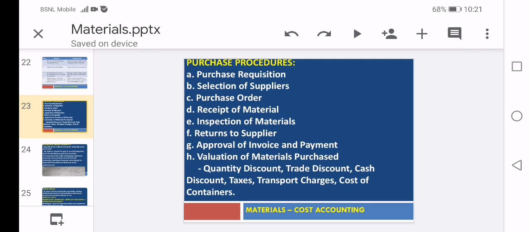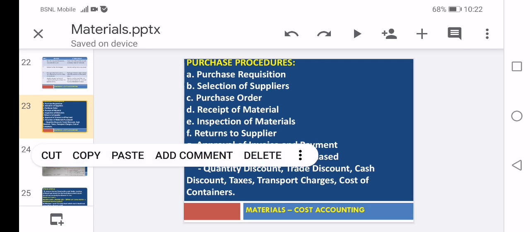When you have a proper procedure of purchase, then it is also possible to control the costs in terms of decreasing the ordering cost or decreasing the holding cost or minimizing the wastage and minimizing the unnecessary investment on the materials, etc. So in the process of controlling the material cost, purchase procedure is an important aspect to be followed by every business house.